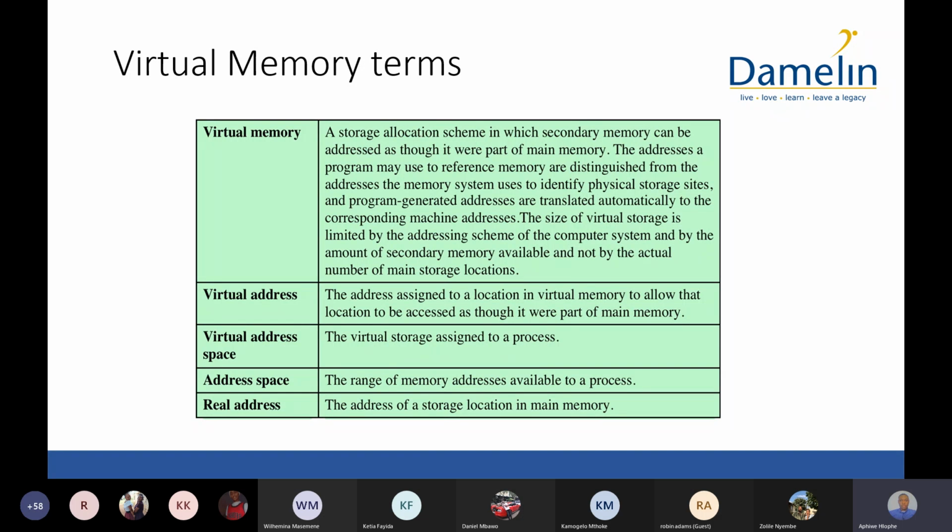Then you also have address space and real address. So address space talks about the storage allocation of a process within the RAM or the frame. And then real address is the location of that particular process within the particular RAM, okay? So we're talking about the actual space and the actual assigned process and the address that it's assigned to.